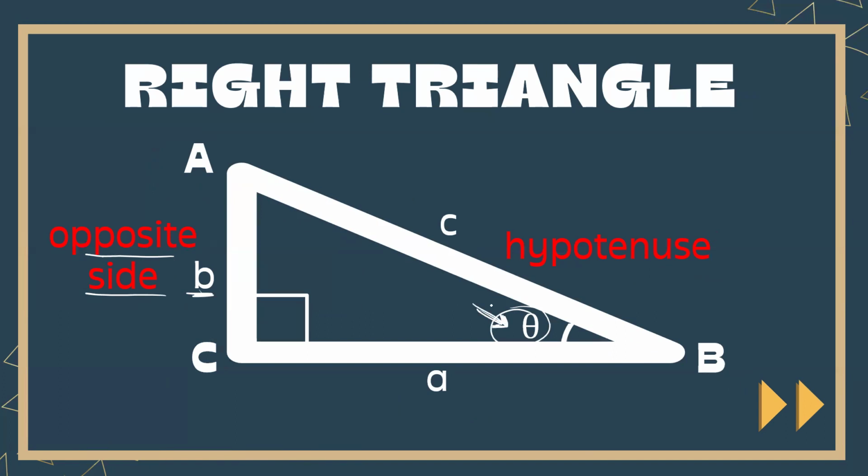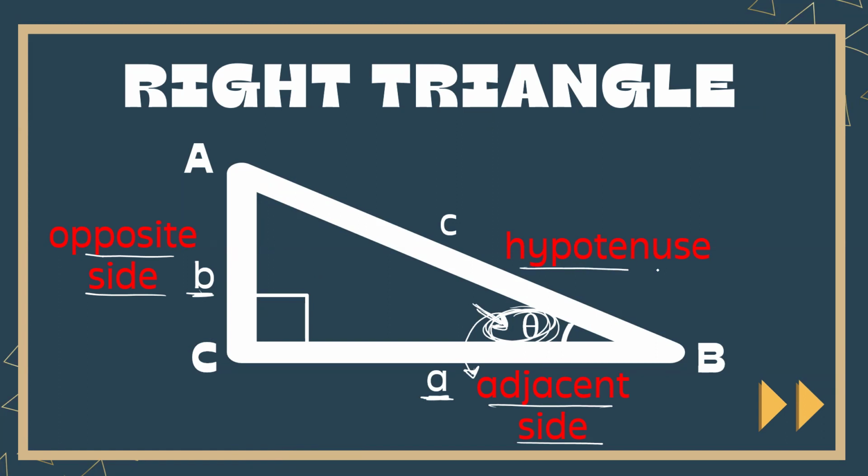And with respect again to angle theta, side A is the adjacent side, or the side beside your angle theta. So you have to take note that you need to consider the specific angle that you are looking at and the sides with respect to it.